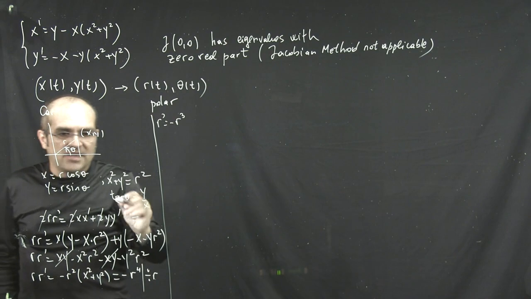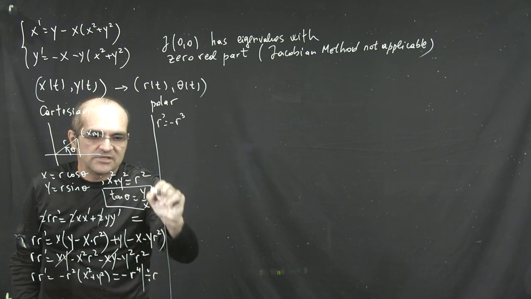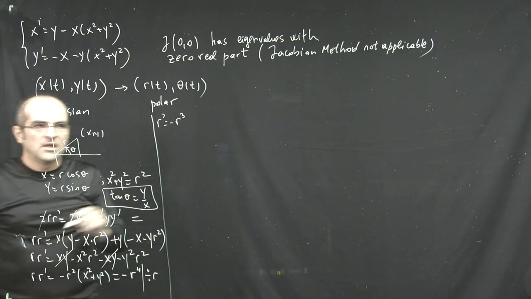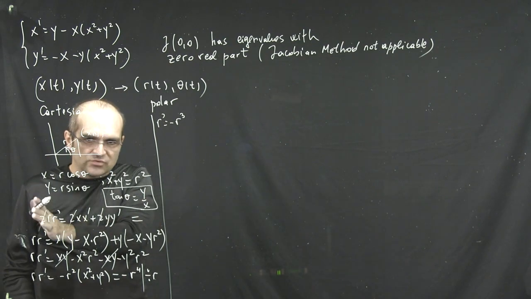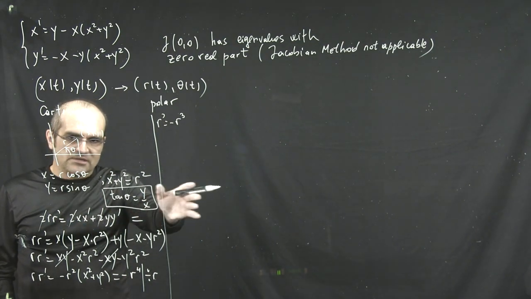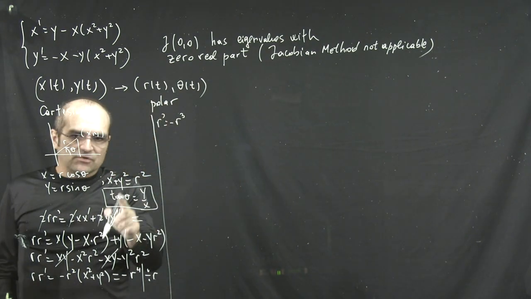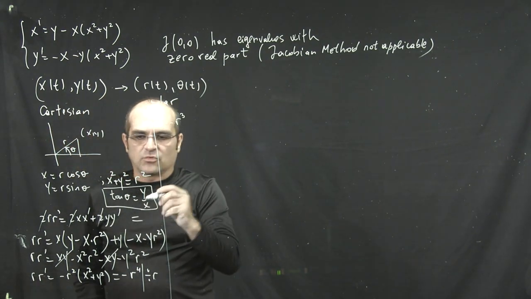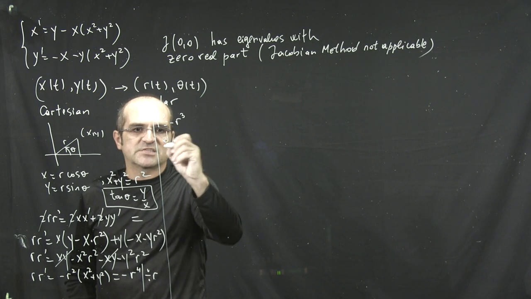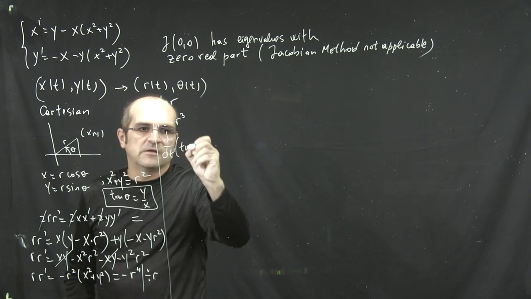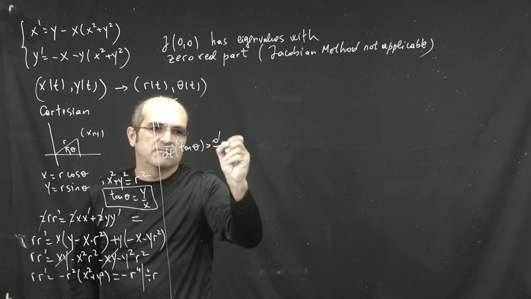So let's obtain the equation for theta at this point. Let's go back to the tangent of theta and differentiate with respect to t both sides of the equality. Again, all of these are functions of t, so we have to use the chain rule.